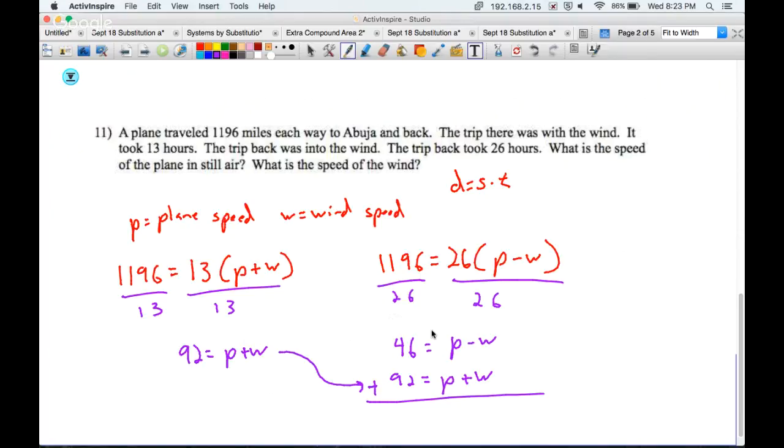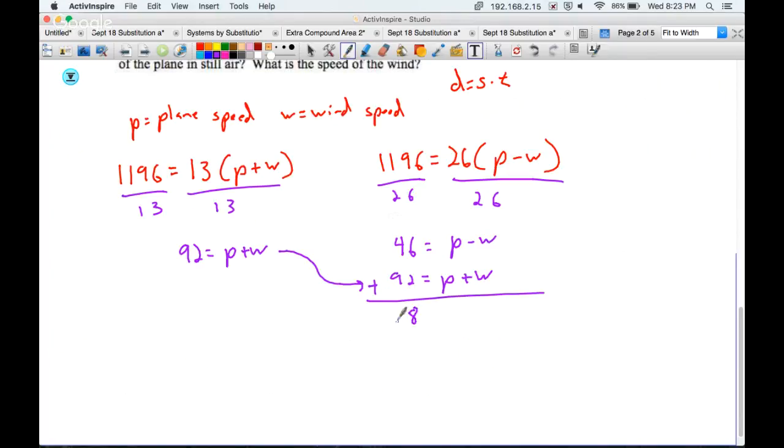And I'll get that 138 equals 2P. W's cancel out. Divide both sides by 2. I'll get 69 equals P.